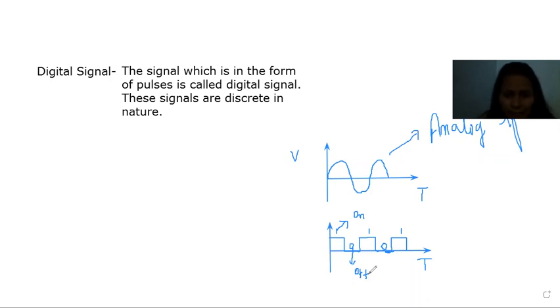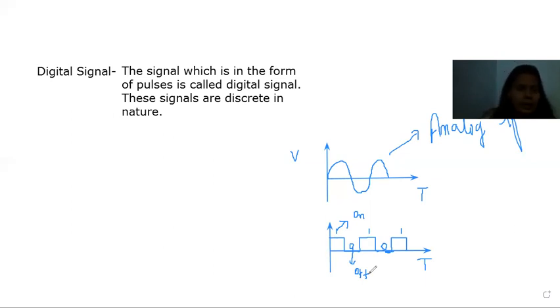Now I will discuss the examples of analog signal and digital signal. We know that analog signal is a continuous signal in which the value of that signal will change continuously with respect to time. So human voice is an example of analog signal, or analog watch is also an example of analog signal.